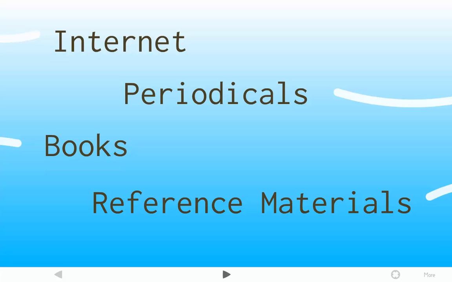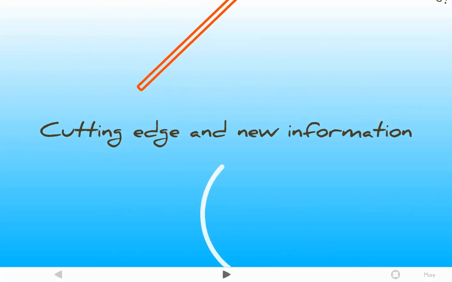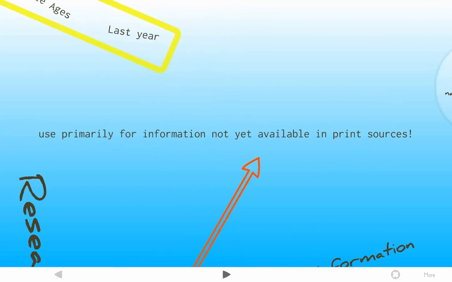Now I know most people when they start researching they just hop right on Google and get going. That can have its uses, but it's really not necessarily always the best way to go. You want to use the internet for your cutting edge and new information. Stuff that's new. That's important to remember. Use this primarily for information that's not yet available in print sources.